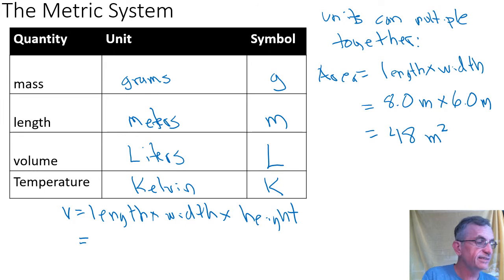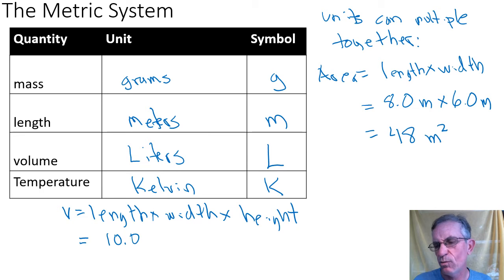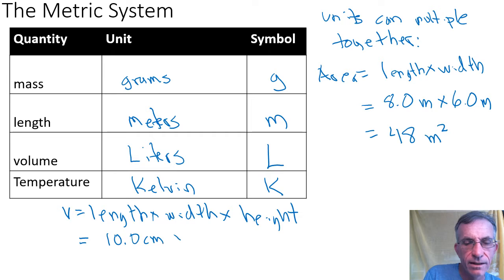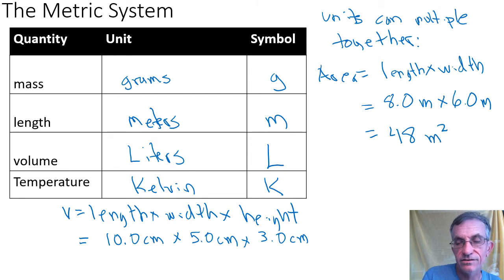So let's just pretend, for example, that the box was 10, and actually maybe instead of using meters, another unit of length that we'll run across is centimeters. Let's say it's 10 centimeters long, 5 centimeters wide, and 3 centimeters high.